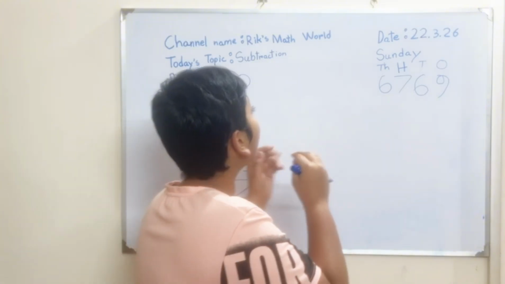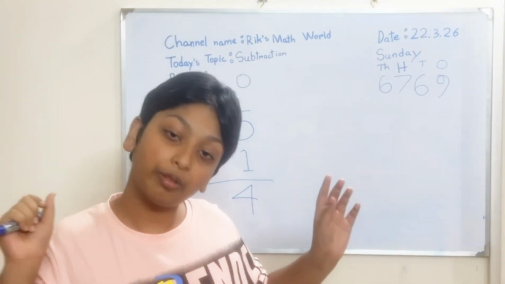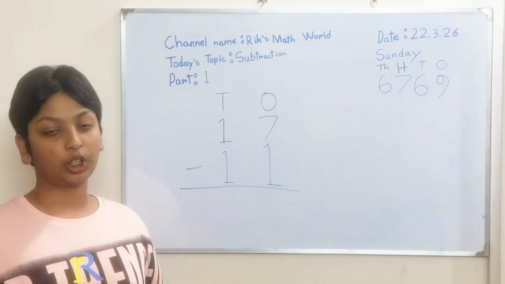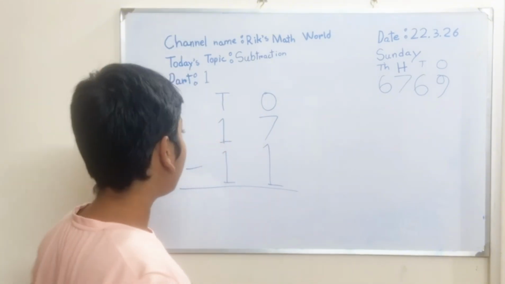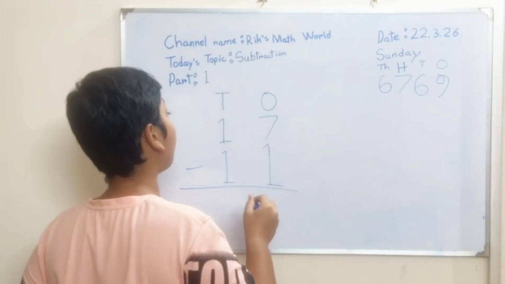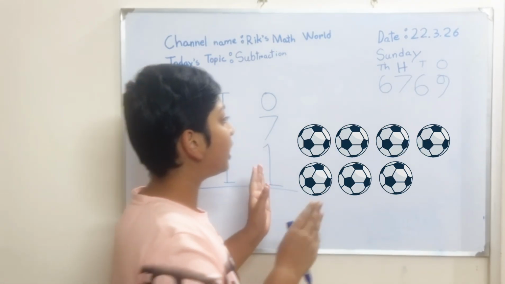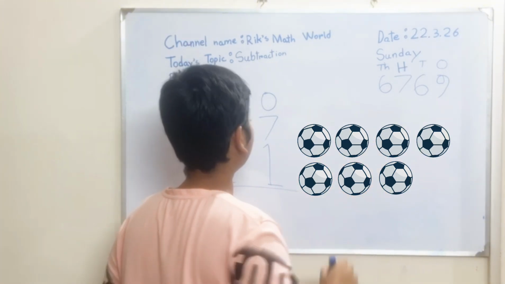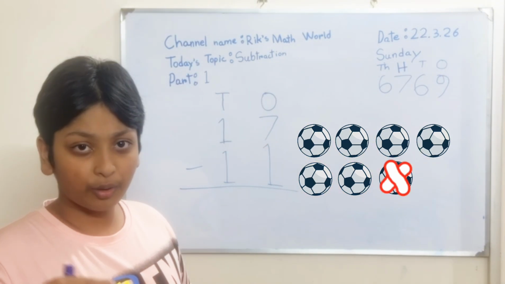Now let me show you how you can do the tens place subtractions. Okay, friends, now I will teach you 2-digit subtractions. So pay attention and see how I do it. The first number in ones place you can see is the number 7. So think that you have 7 footballs, and you want to give one of them to your best friend.